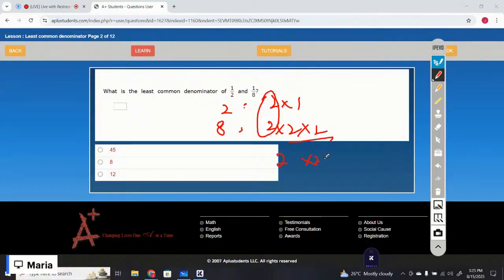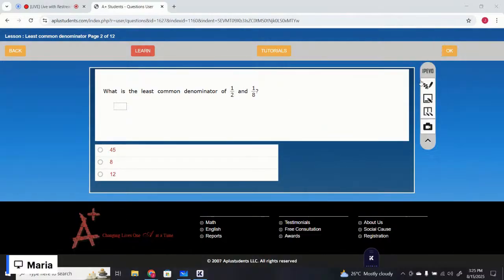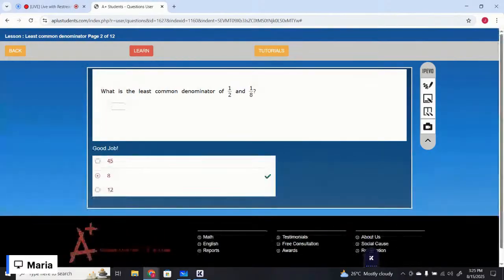This is the common multiple and these are the non-common multiples. 2 times 2 is 4 and 4 times 2 is 8. That is 8. Option number 2 is the correct option.